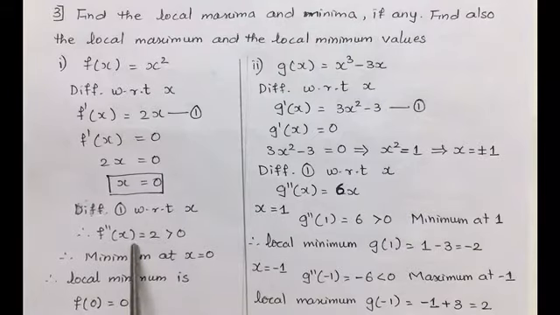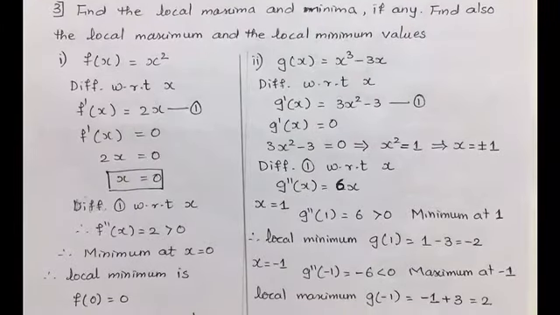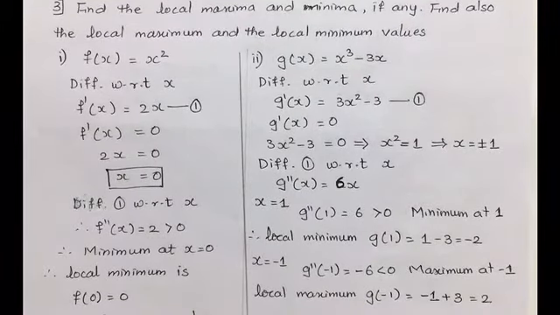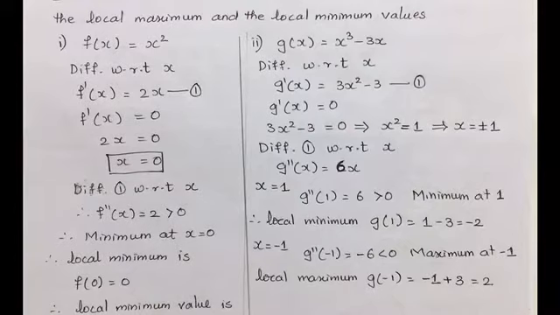When the second derivative is greater than 0, then it is minimum when x is equal to 0. And to calculate the local minimum, we have to substitute the value of x equal to 0 in the function f.